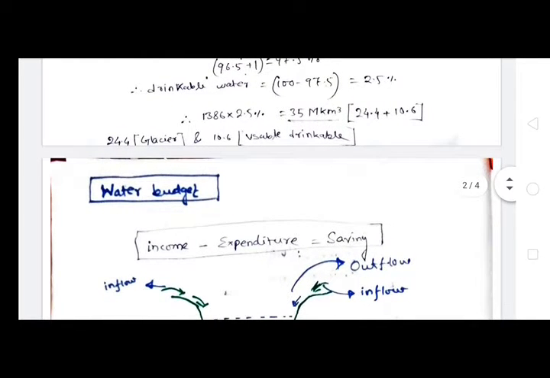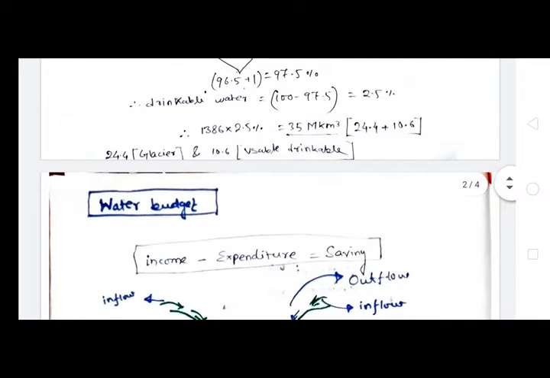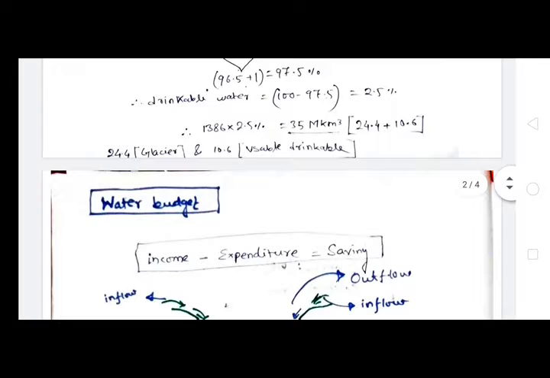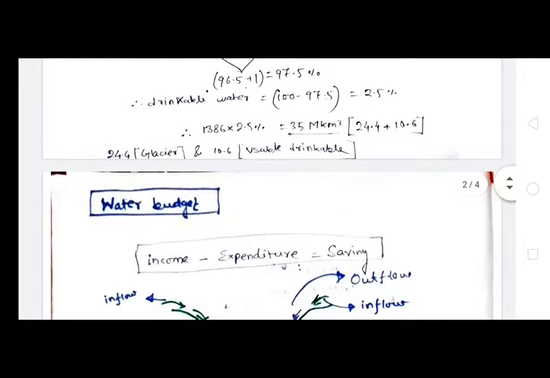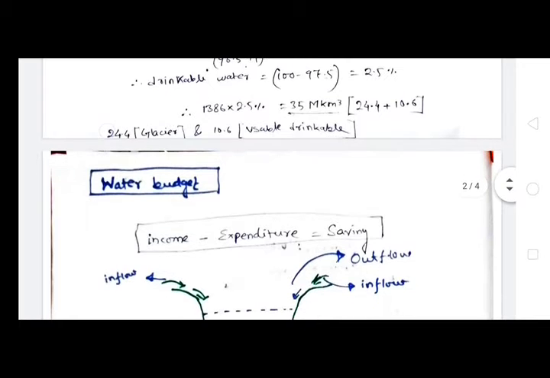In this value, the glacier contribution represents the drinkable water, in which 24.4 m kilometer cube contributes as ice cap in glacier form, and only 10.6 m kilometer cube is usable and drinkable.